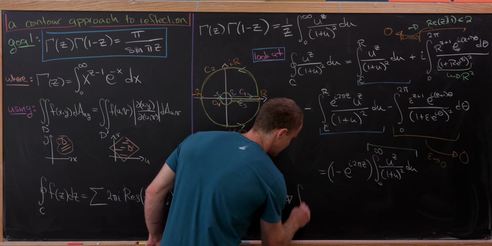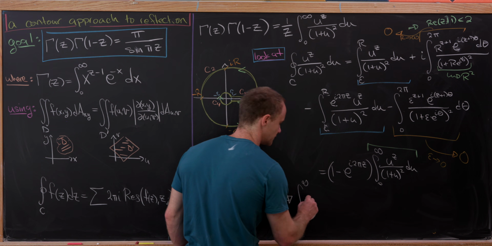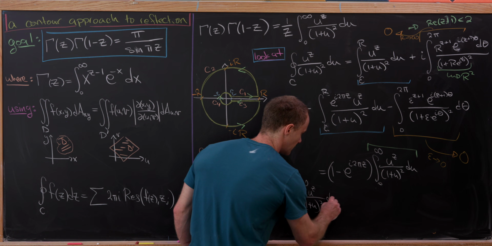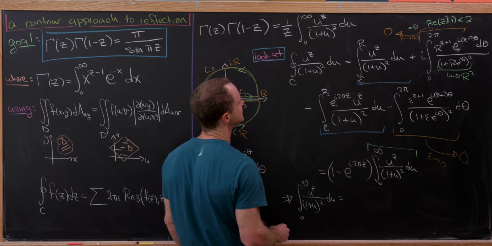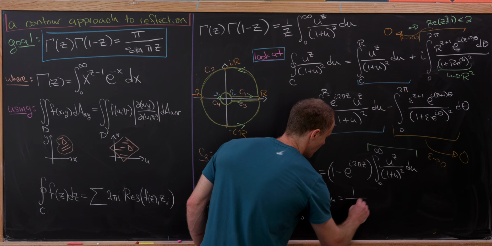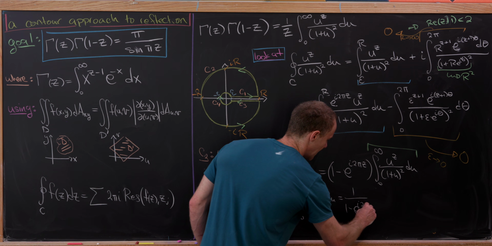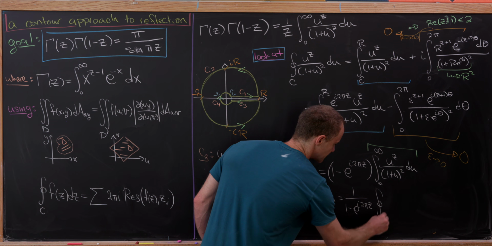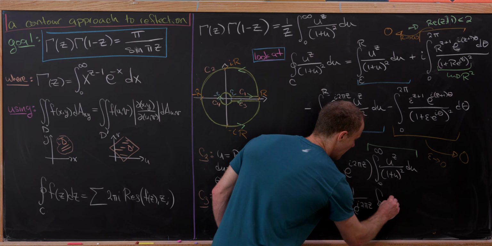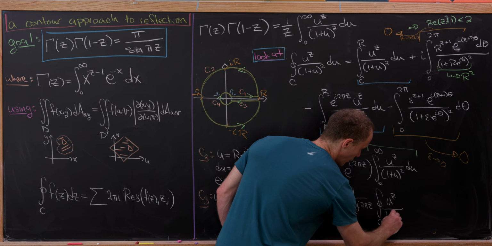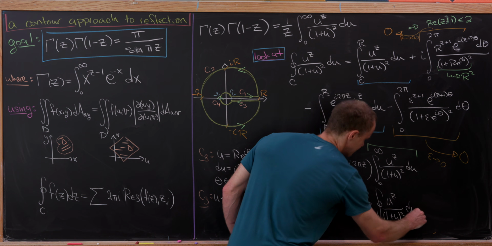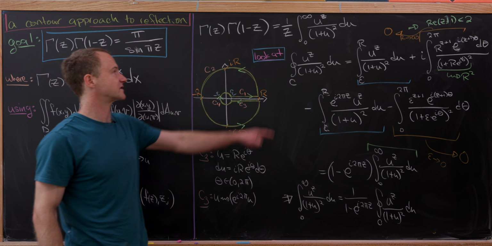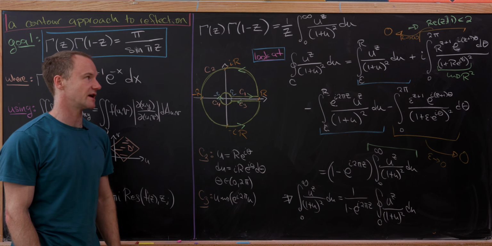Okay, so let's notice that solving for that, we've got the integral from 0 to infinity of u to the z over 1 plus u quantity squared du is simply equal to 1 over 1 minus e to the I 2 pi times z times this contour integral over c of u to the z over 1 plus u quantity squared du. Now just hit both sides with 1 over z and we've retrieved this right here.